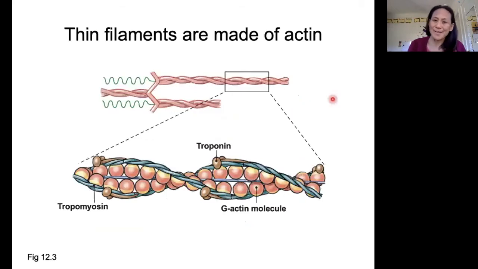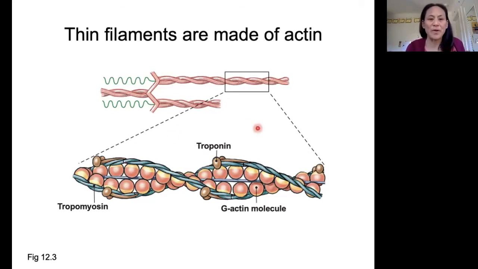All right, let's talk now about thin filaments. The thin filaments are made up of a protein called actin. Actin is a globular protein, so they're depicted as these little spheres here. And so those actin molecules line up to form a chain, okay? And then we have two actin chains that wrap around each other as illustrated in this figure.